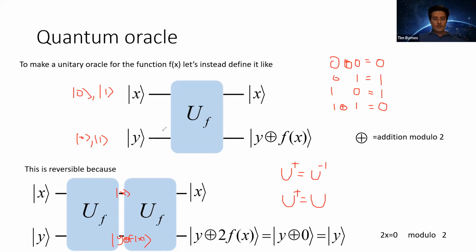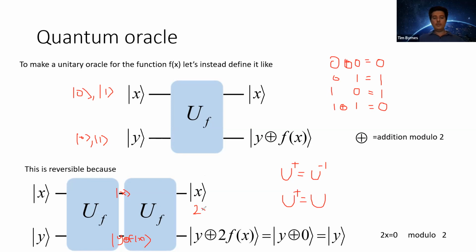And so obviously there's two f of x being added, so it's 2 times f of x. Now, when you're doing modulo 2, 2 times f of x is actually equal to 0, because f of x can only be 0 or 1.